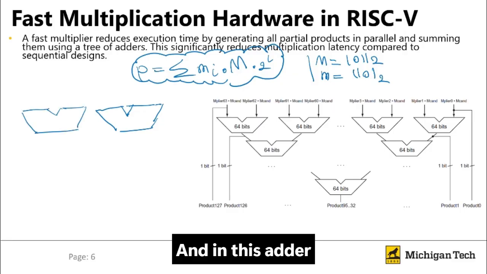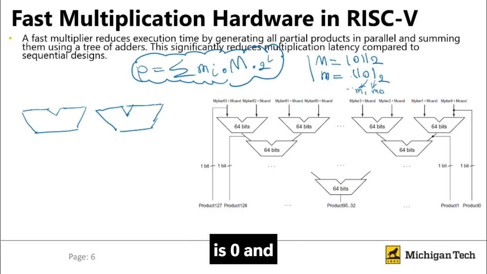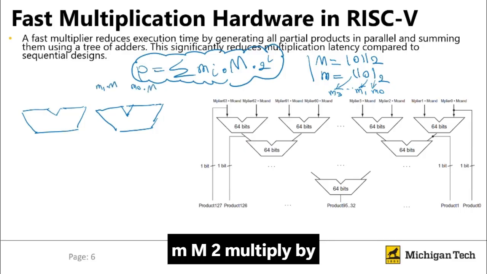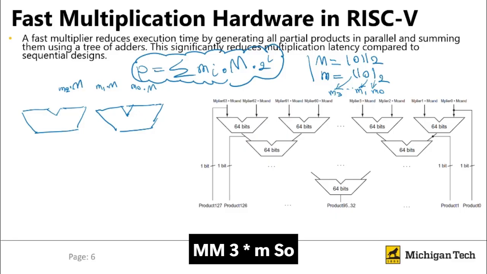In this adder, you have m0. What is m0? m0 is 1, m1 is 0, and m3 is 1. So m0 multiplied by M, m1 multiplied by M, m2 multiplied by M, m3 multiplied by M.